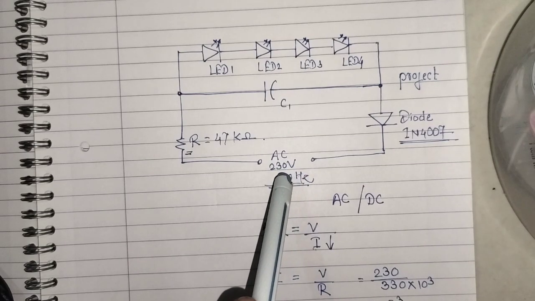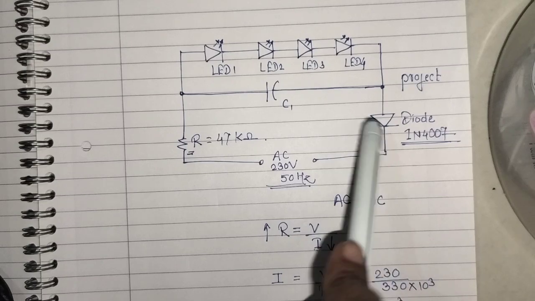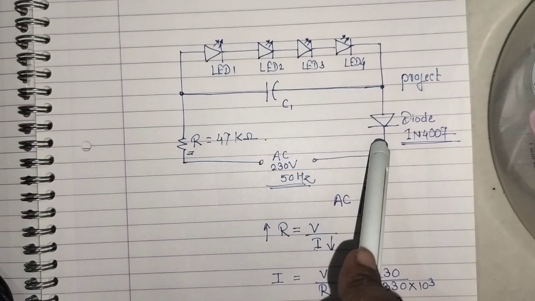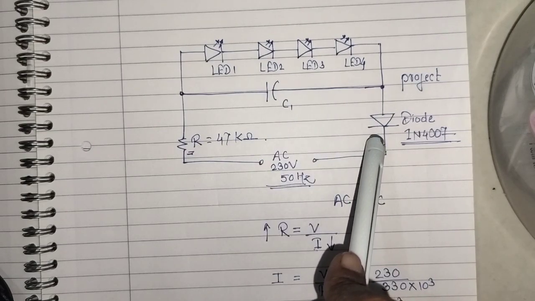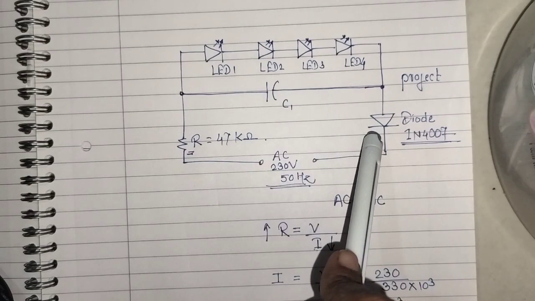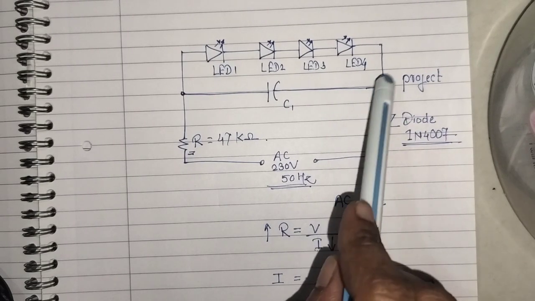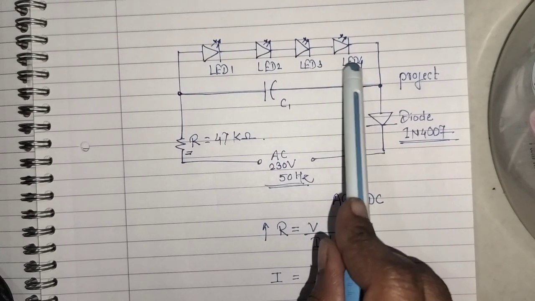Now if we get the AC in a negative cycle, we will not get current, because at that time the diode will not be in forward bias, and it's a unidirectional device, so it will not allow current to flow through it. Same for these LEDs too, they will not get any path.